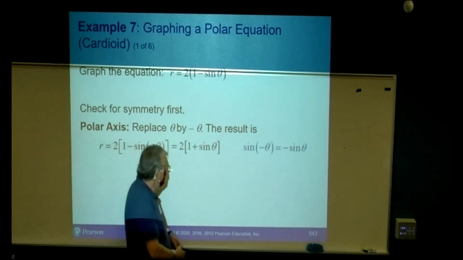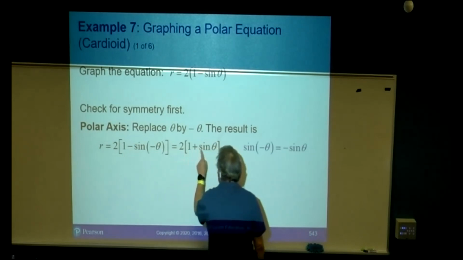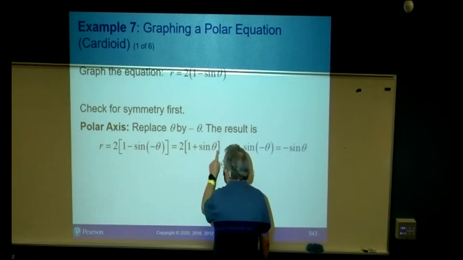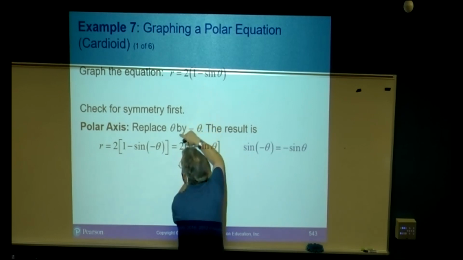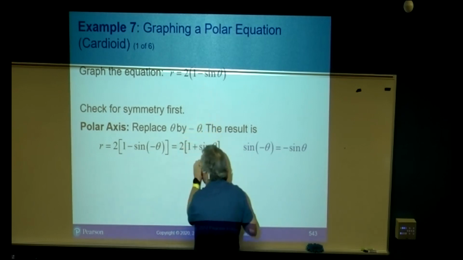So this becomes 1 plus sine theta. This expression is not the same. They're not equivalent. So it's not symmetric with respect to the polar axis.